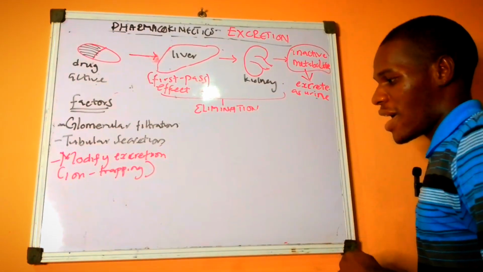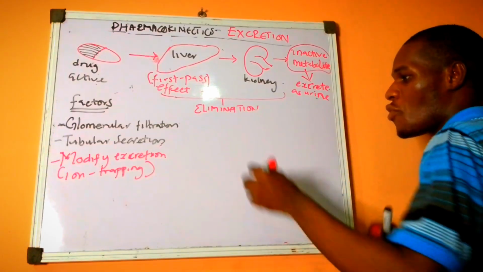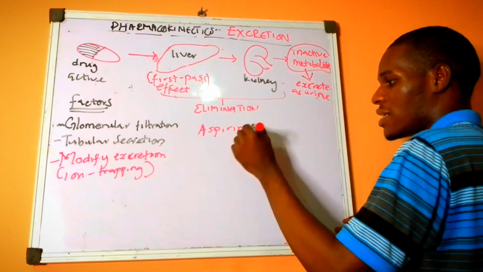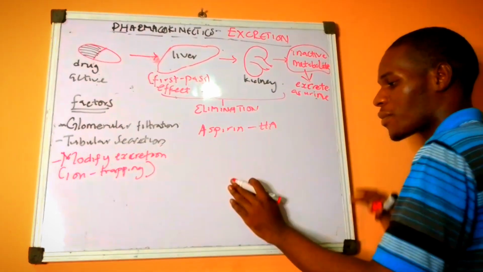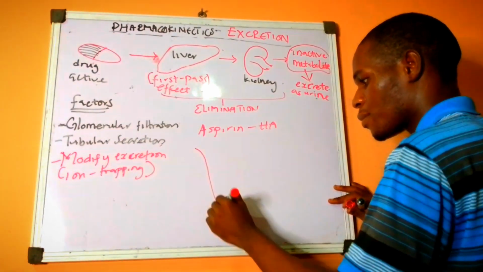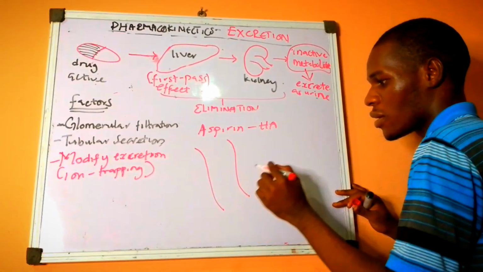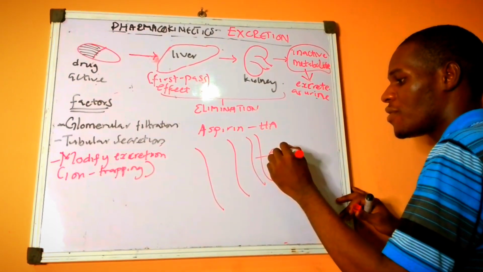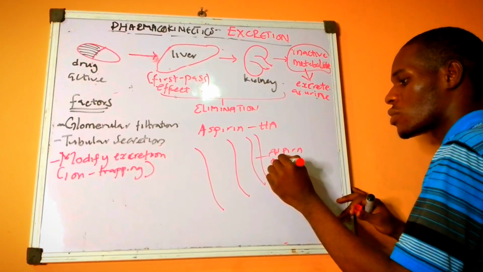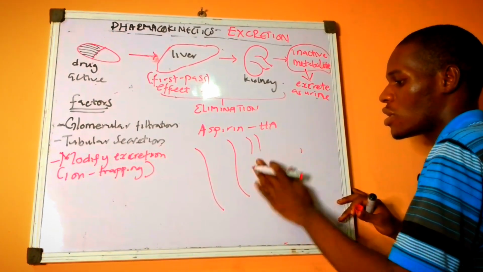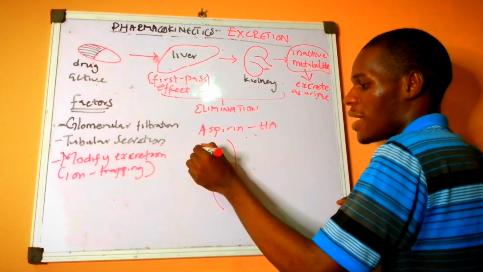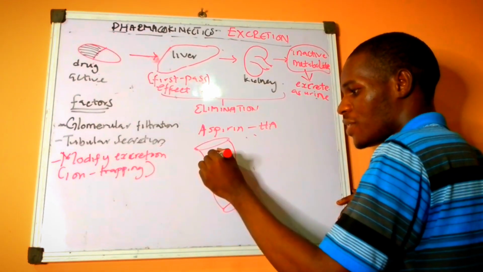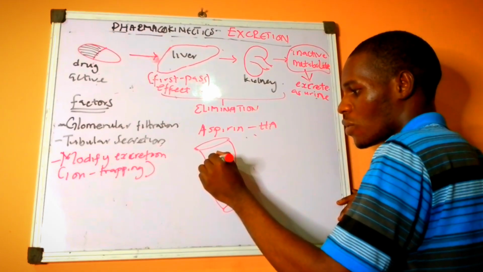So let's say I took an overdose of aspirin, which, if you can remember from our absorption class, is an acidic drug, a weak acid. Let's say in my kidney tubules, I have aspirin overdose.